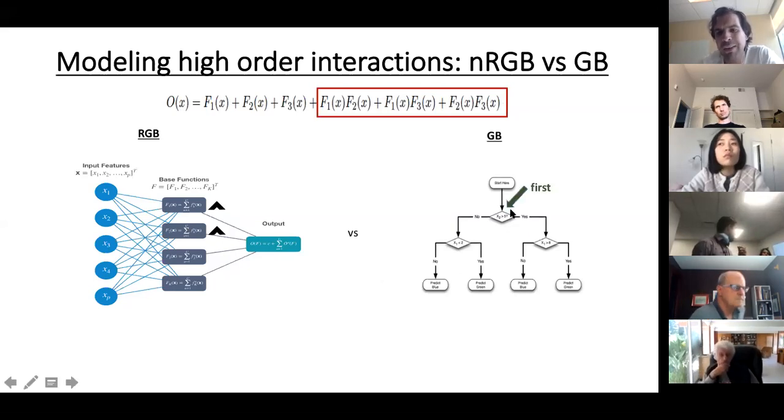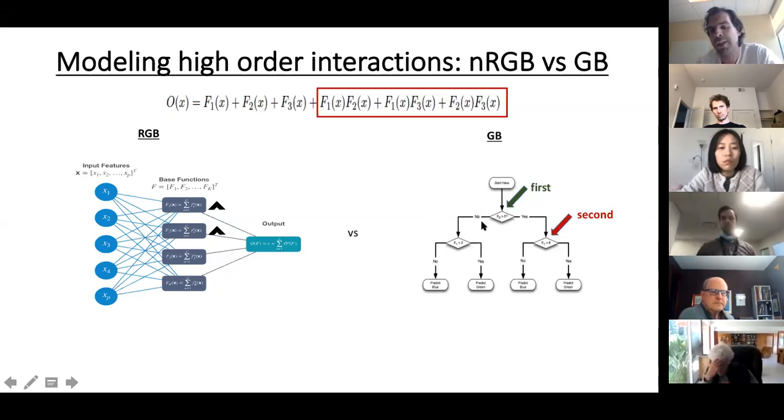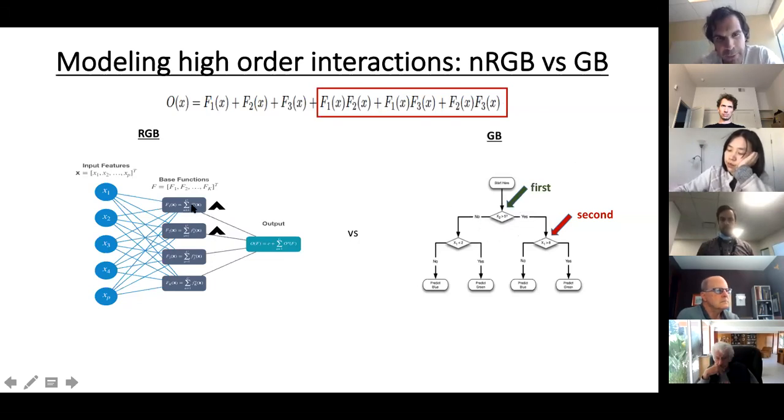So first, in order to discover the structure of this tree, you have to have a tree with an interaction term that is important at the single variable level, and then discover the second one. And if you keep increasing this, then it becomes less likely to be discovered. So what I'm saying here is that what representational gradient boosting offers over gradient boosting is that by making these very simple partitions, like only one here on the basis, it can discover high order interaction terms because the output is multiplying all of them.